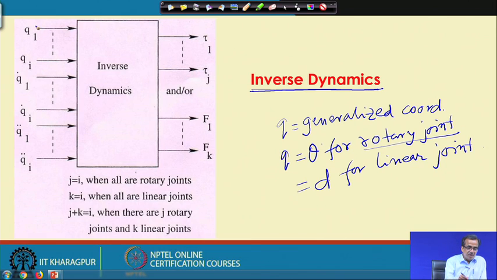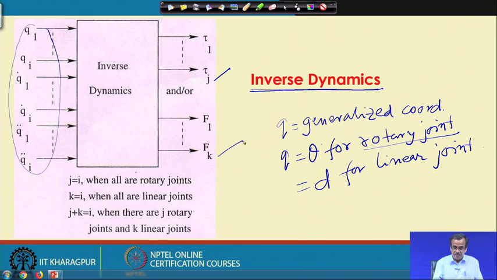So, these are nothing but the inputs, and what are the outputs? The outputs are tau 1, tau 2 up to tau j, and or f 1, f 2 up to f k. Now, here if j equals I, that is the number of the torque values. So, if it is equal to I, that means all the joints are rotary joints.